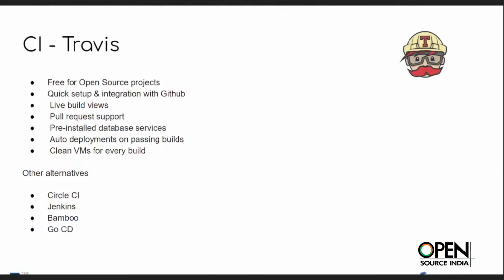For that, the tool of choice for CI was Travis. Firstly, because it has good support for open source projects, and it's quick to set up and integrate with GitHub, where we store all our code artifacts.